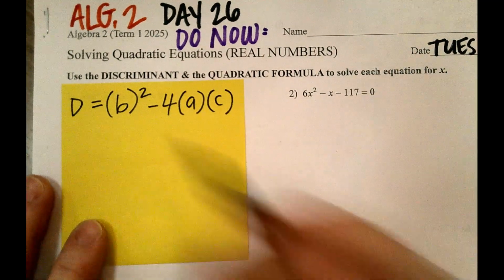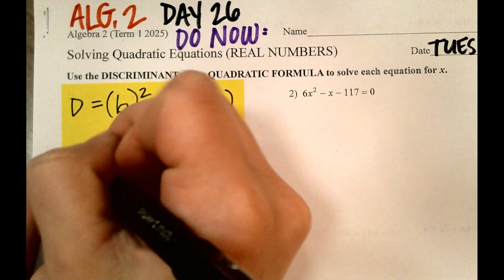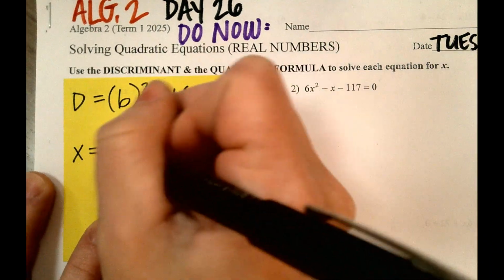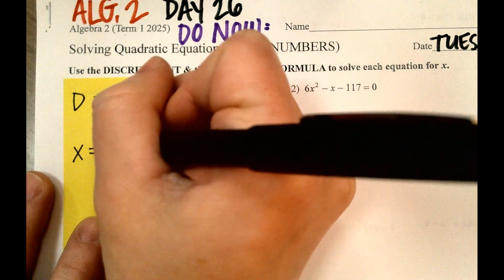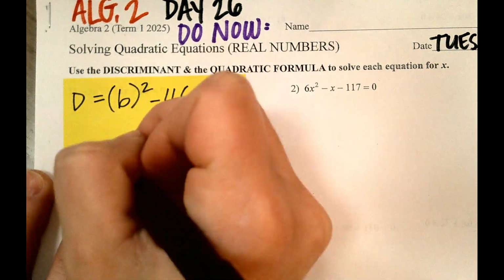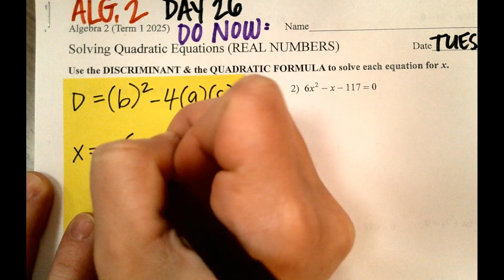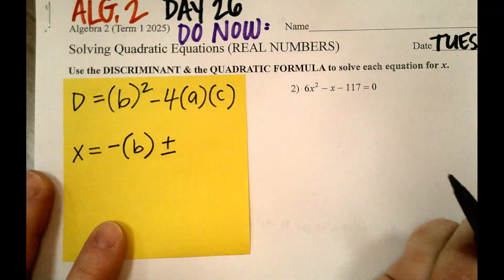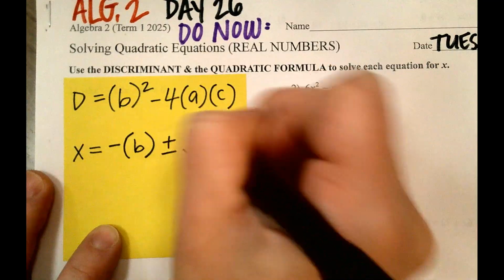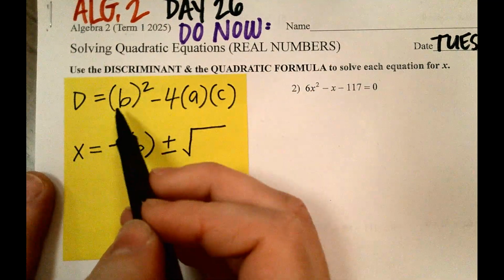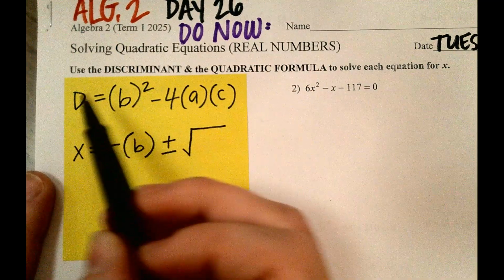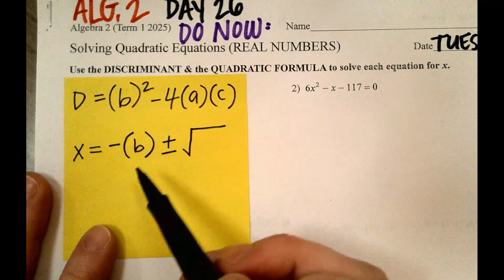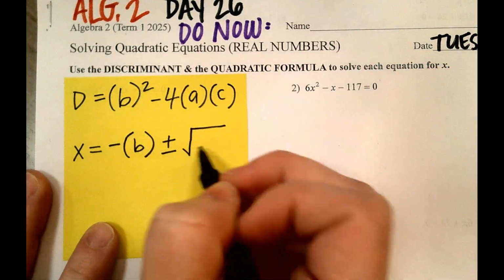Now, our quadratic formula. X equals negative b. I like to put negative parentheses b plus or minus the square root of, we could write b squared minus 4ac, or if we're doing it the step way where we do discriminant first and then quadratic formula, what goes under the square root?